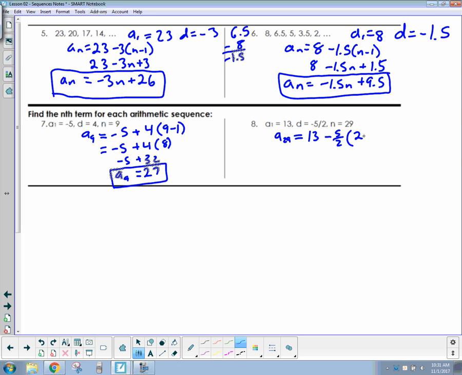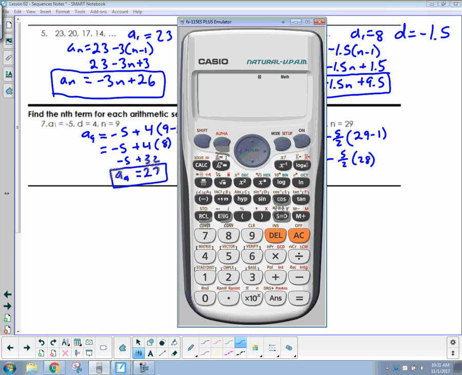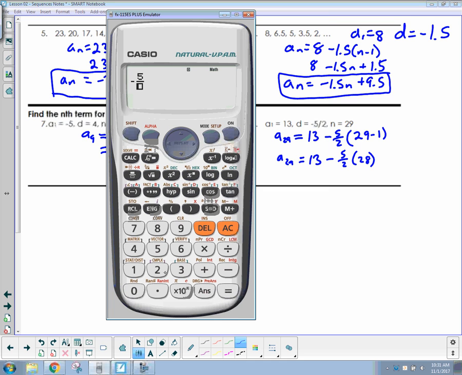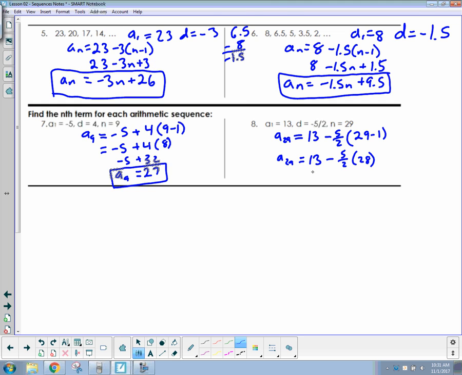We get 13, let's see, 5 halves of 28. Let's get our calculator. So, we got a negative 5 over 2 times 28, negative 70. So 13 minus 70 equals negative 57. And this will be for the 29th term.